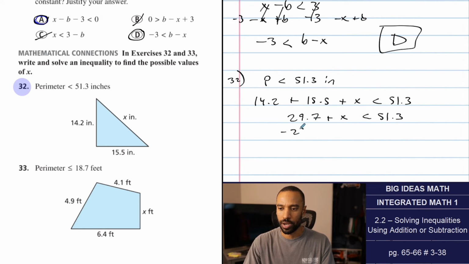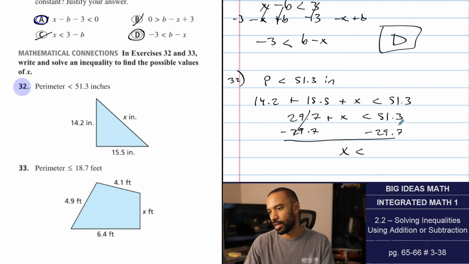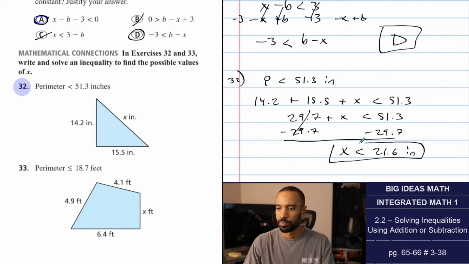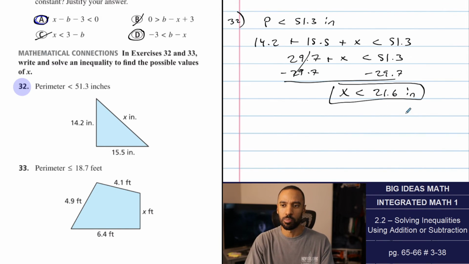When I subtract 29.7 from both sides, I'm going to get an x value that must be less than 21.6, is that right? 21.6 inches. Must be less than it for our perimeter to be under that amount.